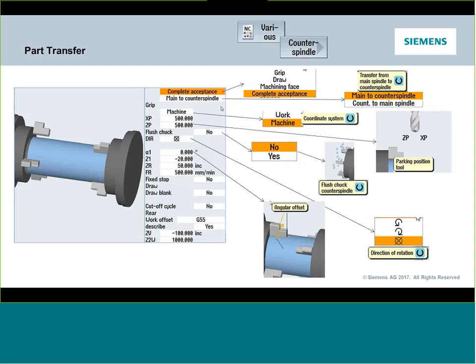Next field is our little A1, alpha 1 field, and this is an angular offset. So this is important if you have jaws between the main and the sub spindle that could potentially collide during transfer. So what you want to do is put some kind of an offset between those two jaws, and this is that angular value.